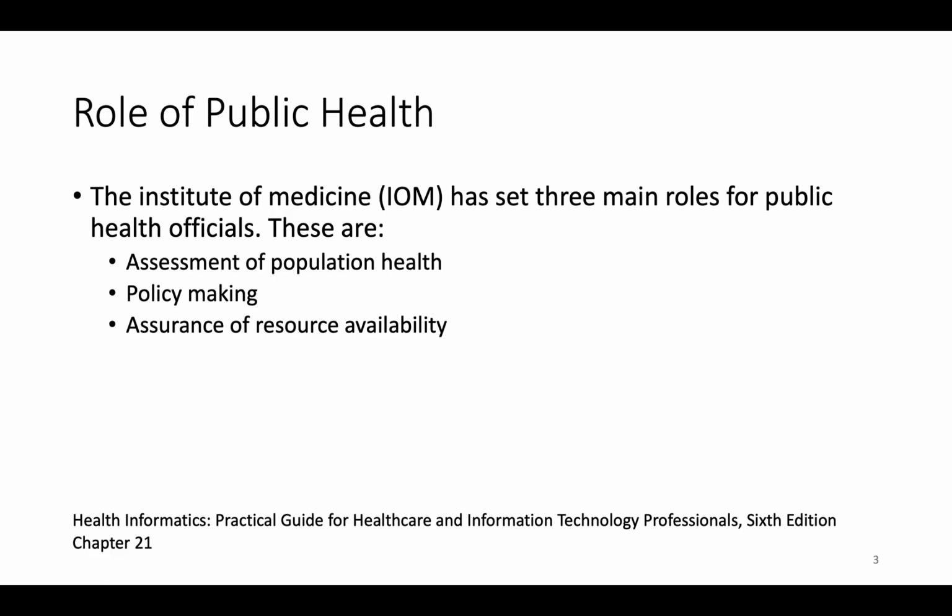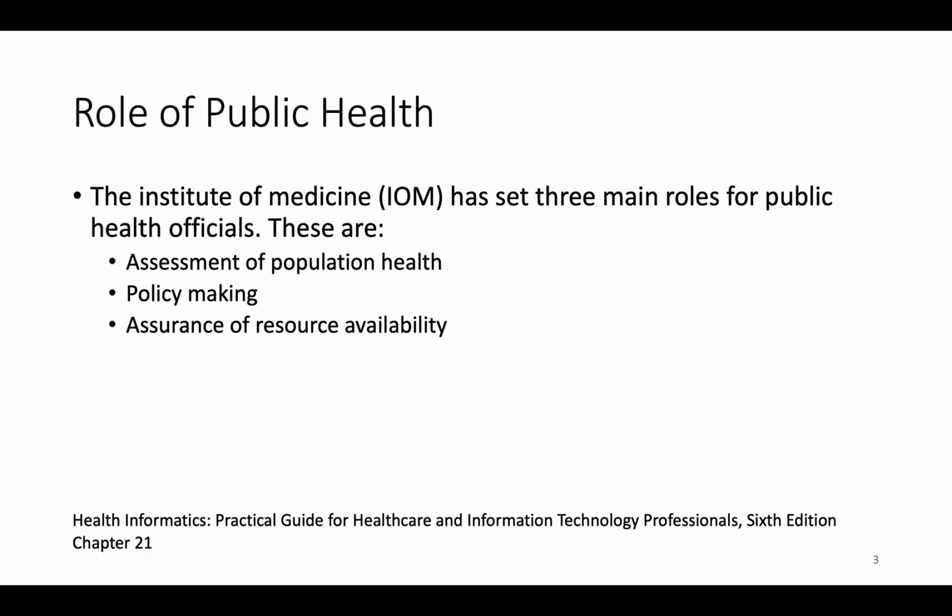So not only are policies written and rules stated, but how you really reach the population is by going into more details to assure whether the facilities and the resources are available in each region.